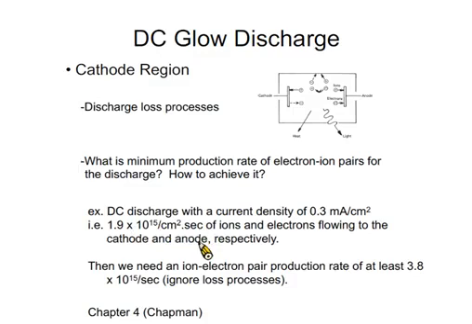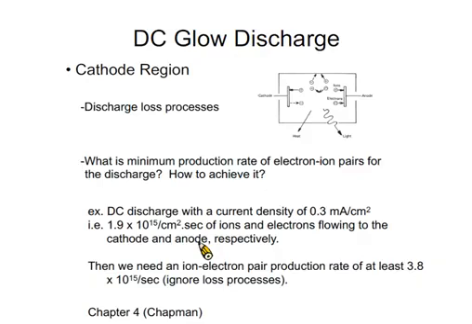And if the distance between cathode and anode is larger than 1 centimeter, then for the area of 1 centimeter square and the distance of 1 centimeter, the volume is 1 cubic centimeter.